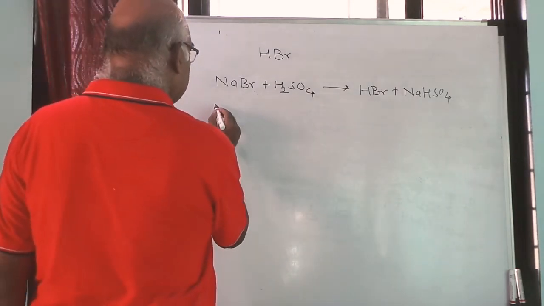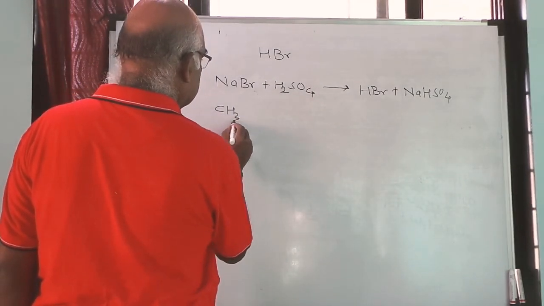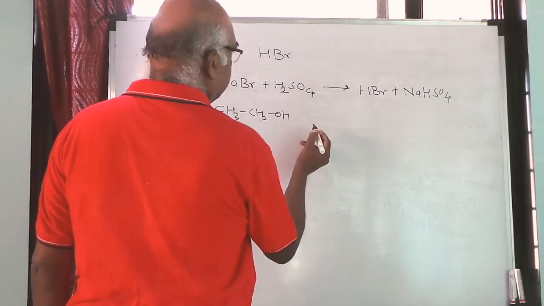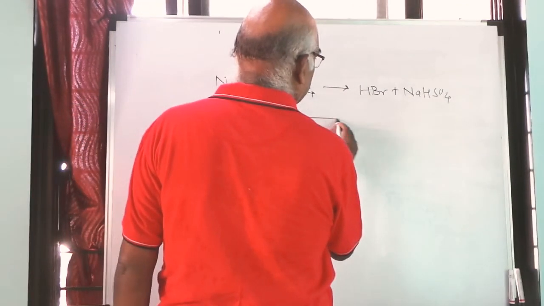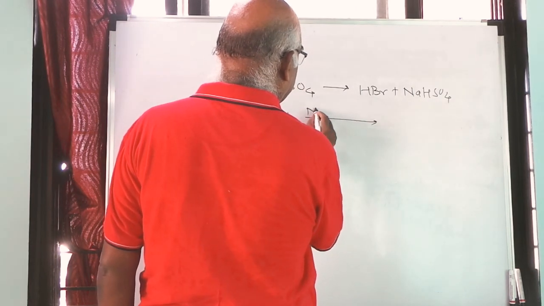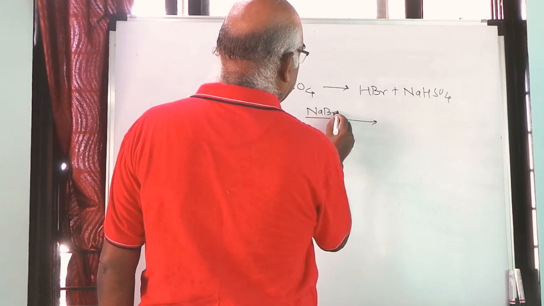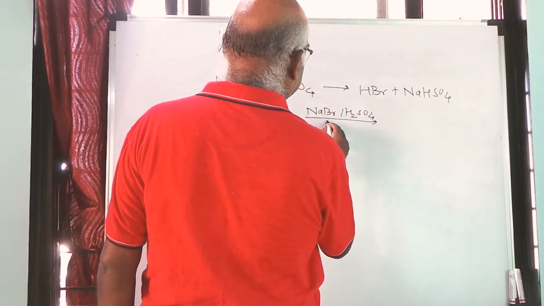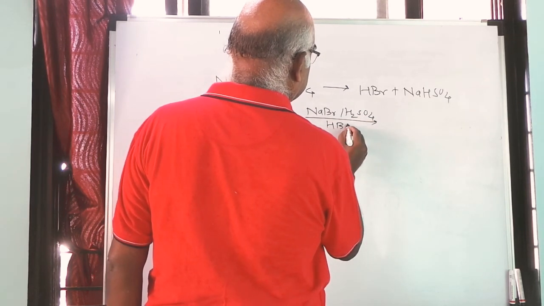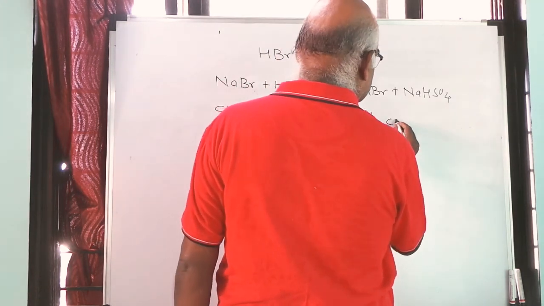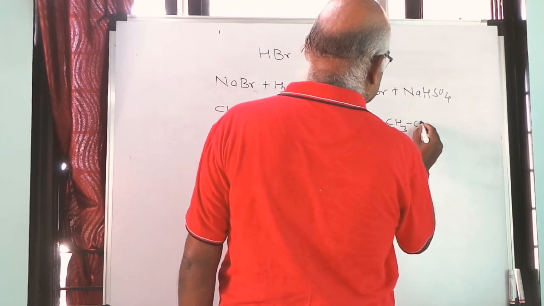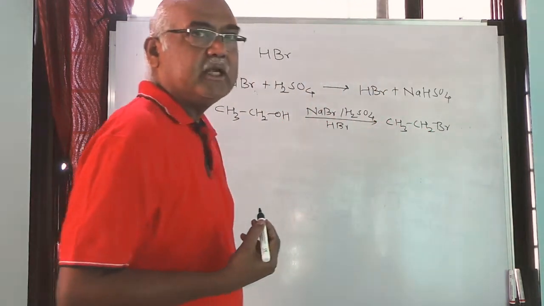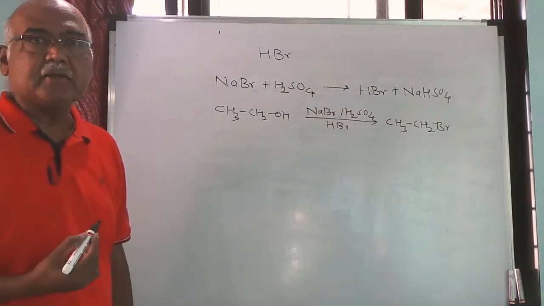Say for example, you take CH3CH2OH, and this is treated with sodium bromide, NaBr, and H2SO4. This will produce HBr, and you will get the product CH3CH2Br.